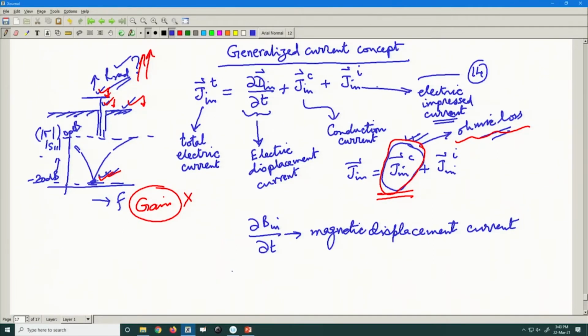And therefore, we can write M in total as del B in del T plus M in I.